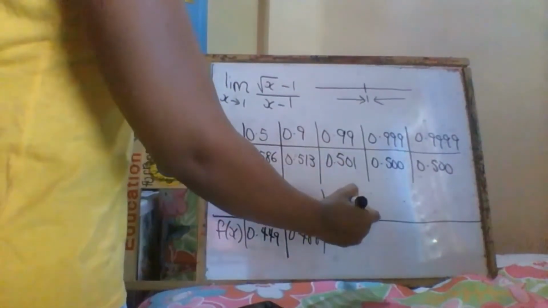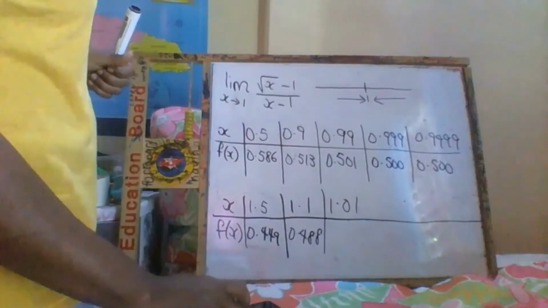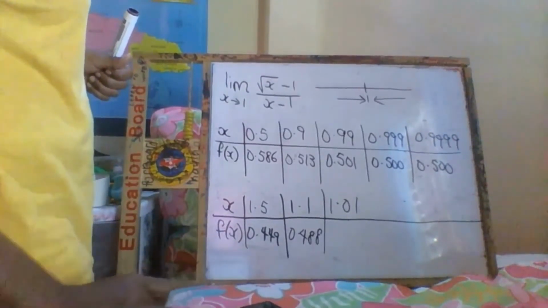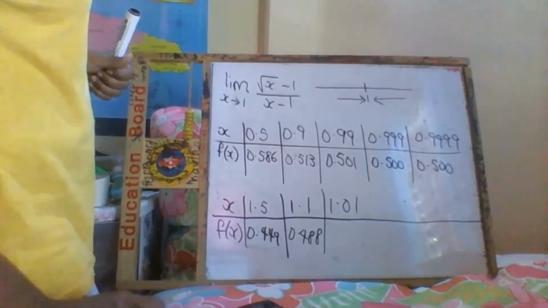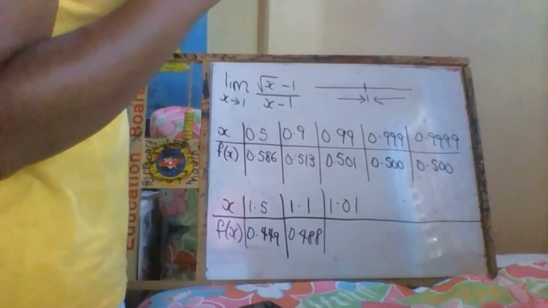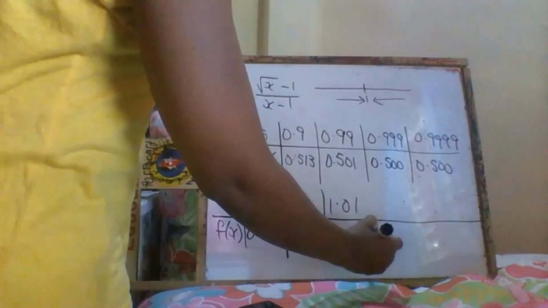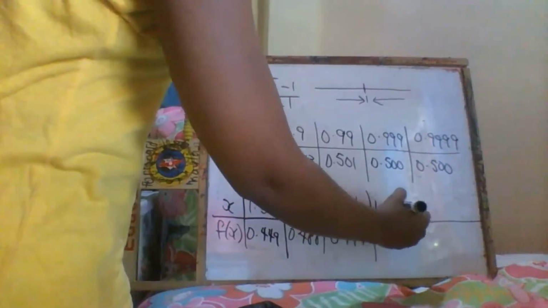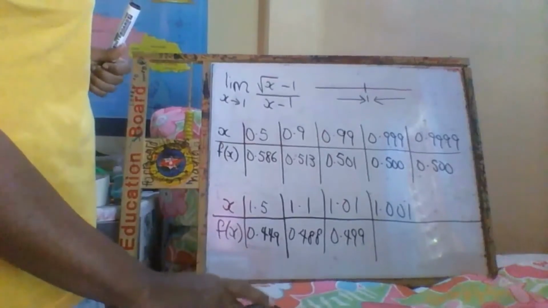Let's try 1.01. 0.499. Two more. Let's add another 0 in there. 1.001.